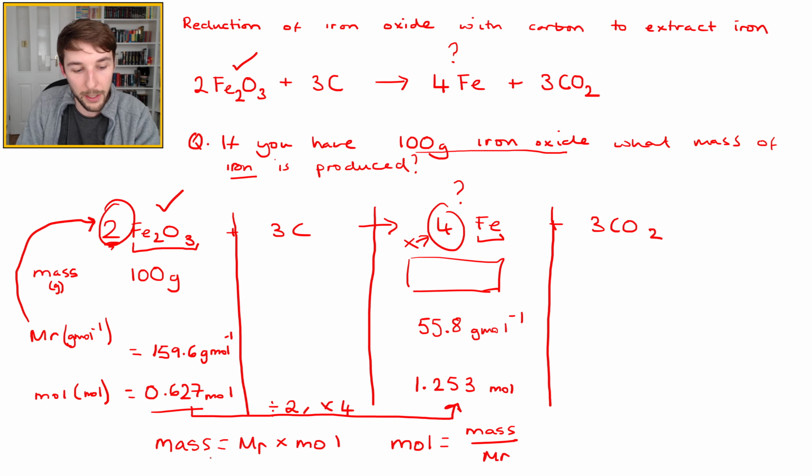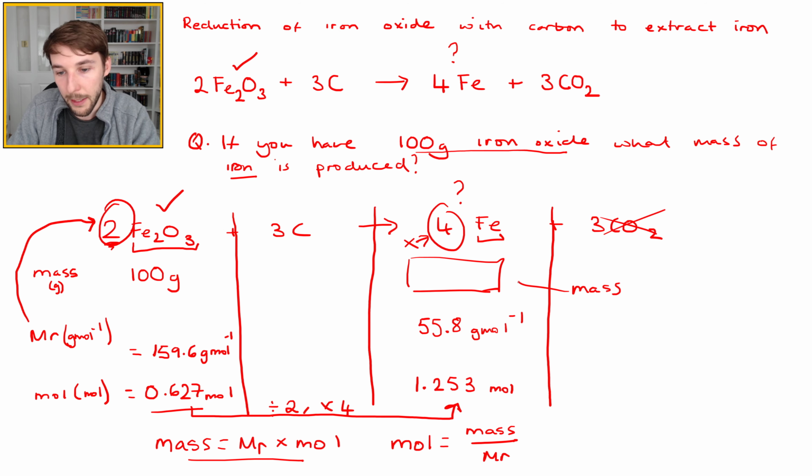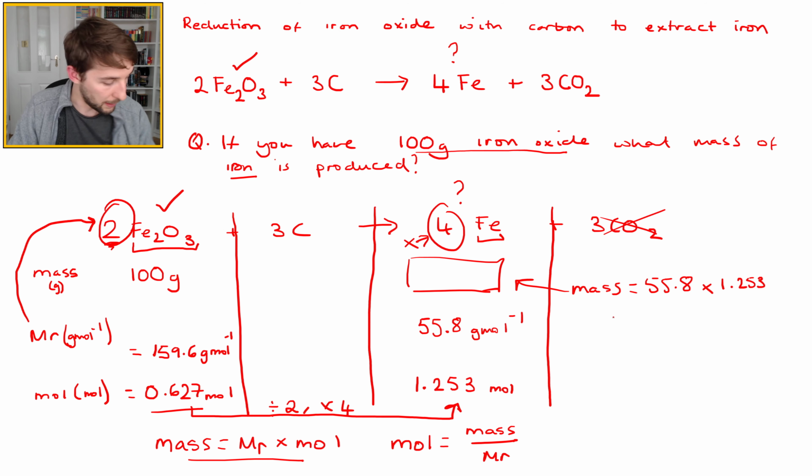So I'm going to have to go back to my equation and use it in this rearrangement here. So mass equals MR times mole. So I'll just ignore this over here quickly because I don't care much for it. So my mass here that I'm calculating is going to equal my MR, which is 55.8, multiplied by my moles, which is 1.253 moles. And let's type that in quickly. So times that by 55.8.